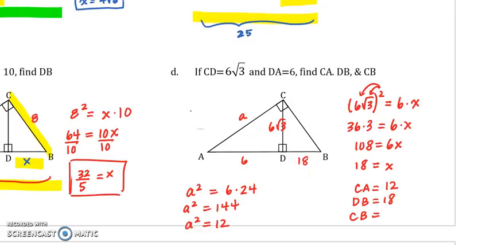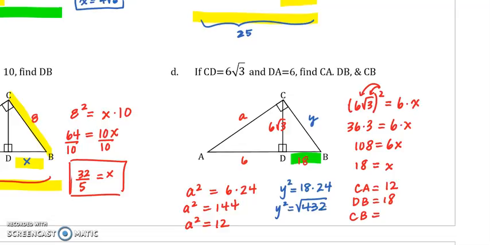And finally, the last length that we're looking for is CB. Let's call CB, I don't know, anything you want. Let's call it Y, how about? So again, we have a slide squared equals walk times the whole walk. So we have a Y squared, slide squared equals 18 times. Biggest mistake kids will make is they'll make it an 18 times 6. But you know that the first walk is 18, the second walk is the full thing, 24. So we get y squared equals 432.